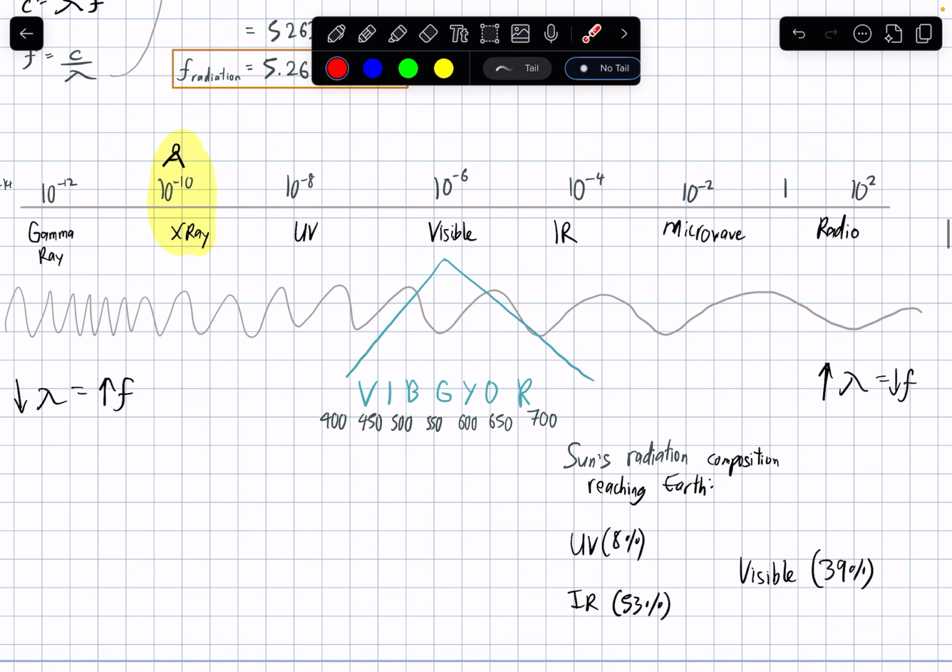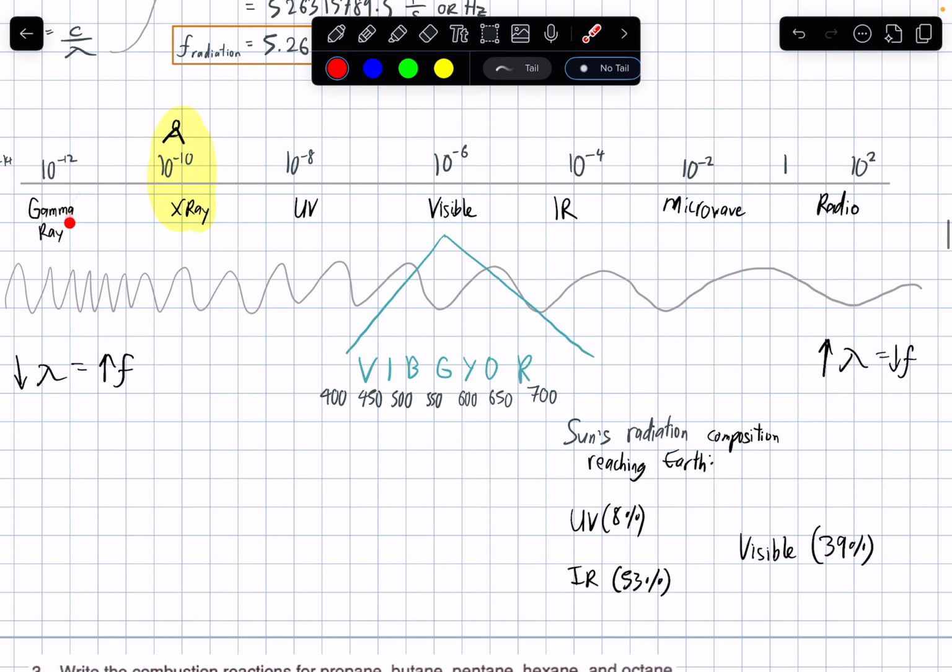Where do we start? Here first. Gamma ray is usually 10 raised to negative 12. Always remember. And like I said earlier, the angstrom, this is for X-ray, 10 raised to negative 10 is the value. For UV or ultraviolet, that's 10 raised to negative 8. For visible light, that's 10 raised to negative 6.